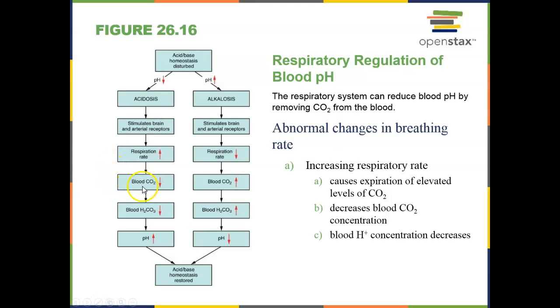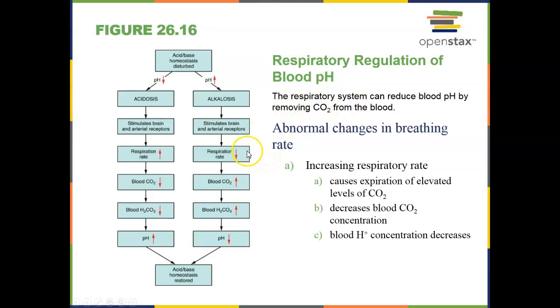We're blowing off more carbon dioxide, which decreases the carbonic acid in our blood, and our pH increases.